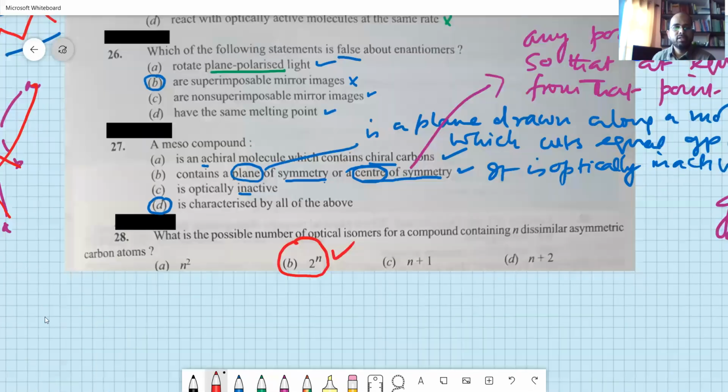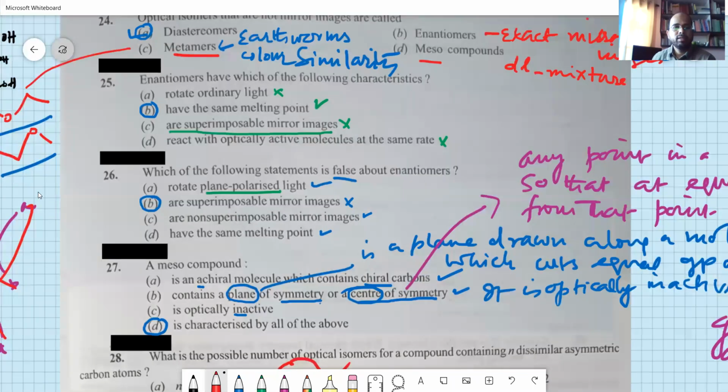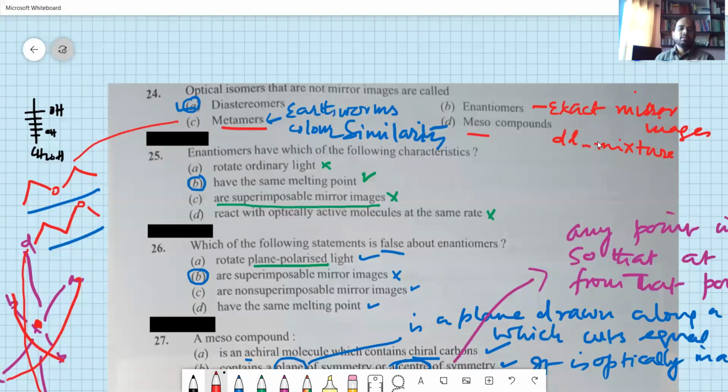The formula you should not forget, and most importantly, the metamers have 3 different definitions. This is just for information and knowledge. Okay, so you should also know what is a superimposable image and what is a non-superimposable image. So we have solved almost all the problems, and let me conclude here. We shall see some more problems. Thank you for joining us.